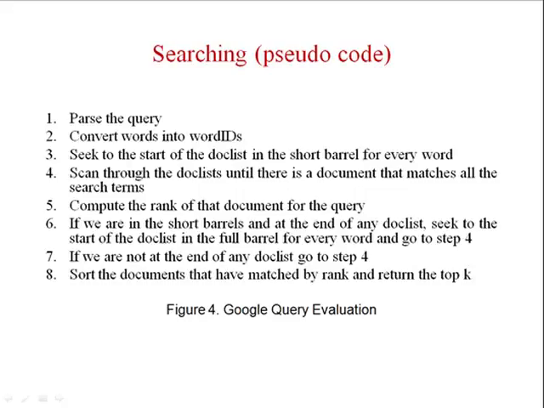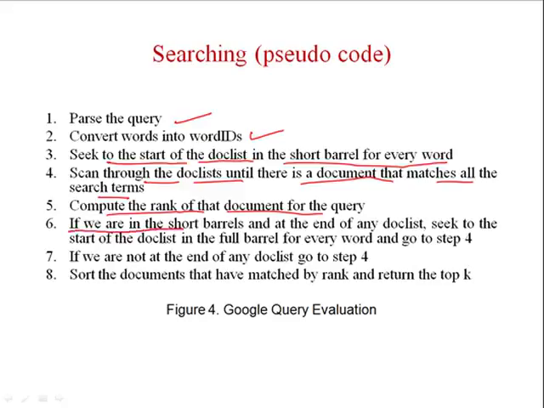Simple searching phase. Parse the query, convert words into word IDs, and seek to the start of the doc list in the short barrel. For every word, scan through the doc list until there is a document that matches all the search terms. Compute the rank of the documents for the query.